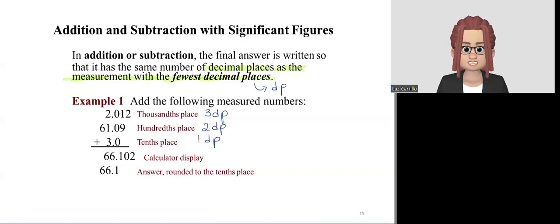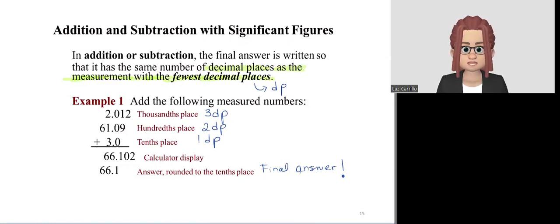In the instructions, sometimes you're not going to see the word rounded, but it is implied that you need to round. Our final answer needs to show that rule for the numbers that carry meaning.